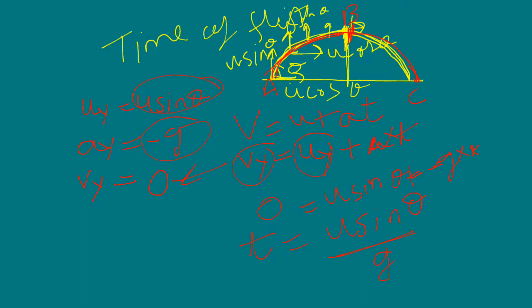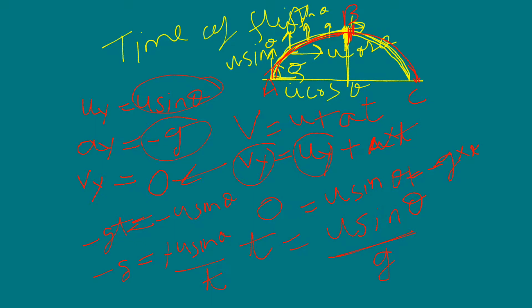So as you can see here, we can write it like this also: minus gt equals minus u sin theta. Now the negatives will go away.